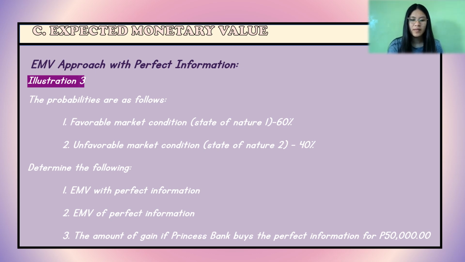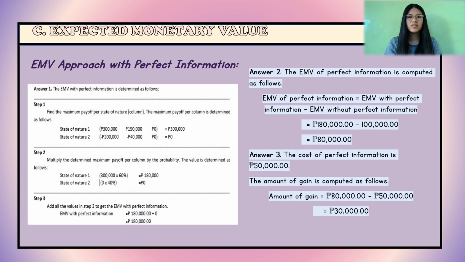Number 1, expected monetary value with perfect information. Number 2, expected monetary value of perfect information. Then the last one is the amount of gain if Princess Bank buys the perfect information for 50,000 pesos.